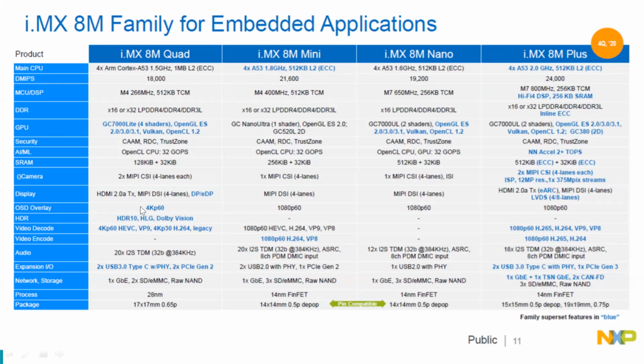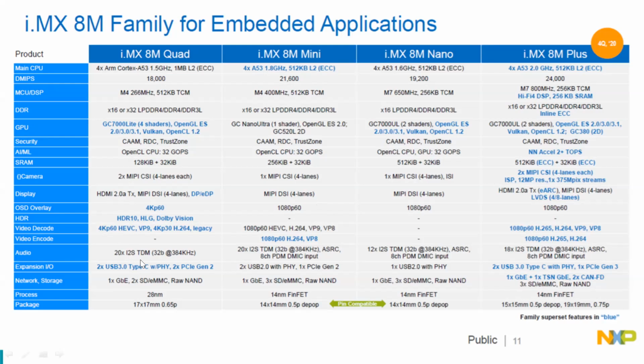And the other one I want to mention is you can see the 8M, because they target mid-range applications, already supports the HDMI 4K interface. Compared to the entry-level 8M Mini, it only has basic resolution support.